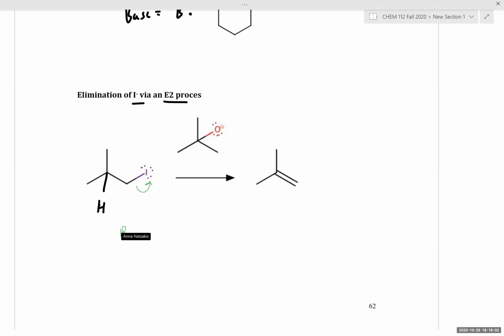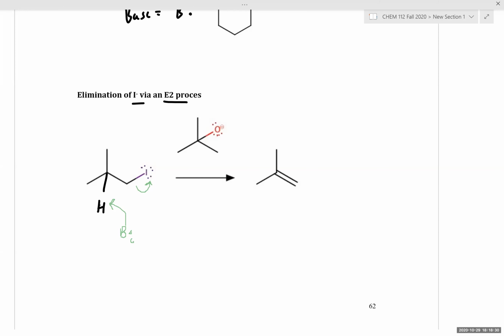Okay, we have one of our arrows drawn. Okay, so we have our base abstracting our proton, and then in turn, what happens to the electrons in our carbon-hydrogen bond? How are we making our double bond? How are we making our pi bond then?